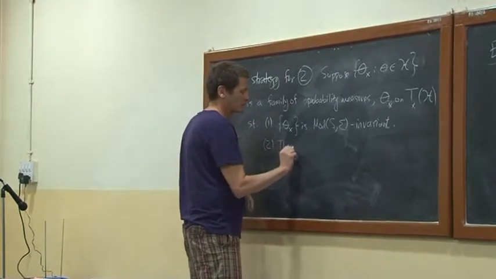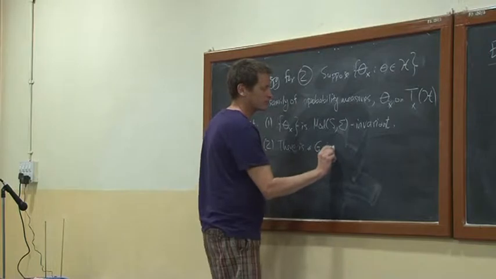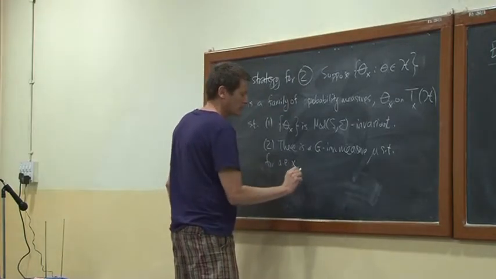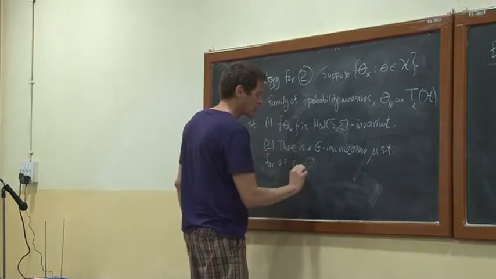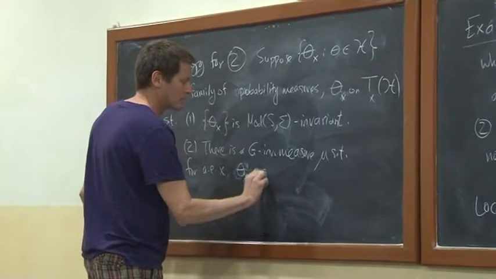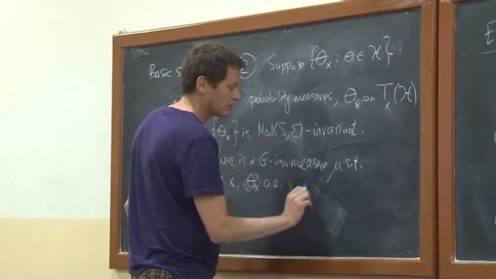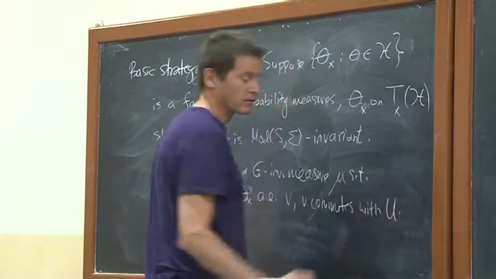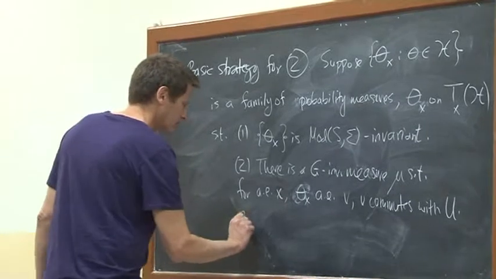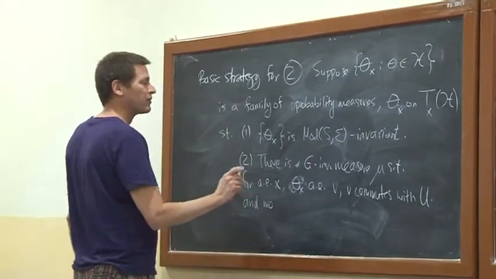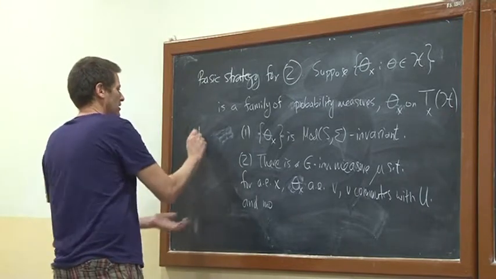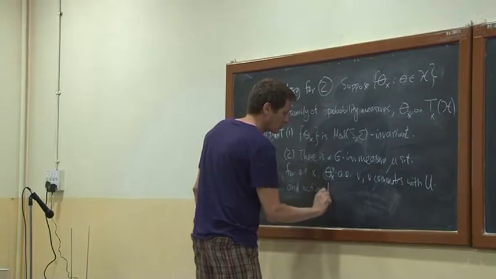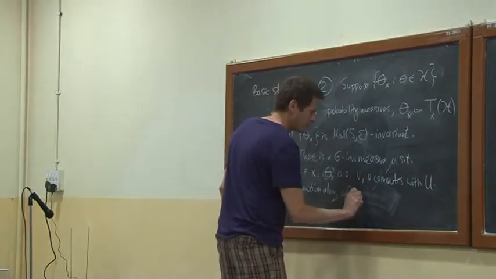So there is a G-invariant measure mu such that for mu almost every x, theta x almost every v commutes with the flow for a fixed T, and motion along this vector field v is well defined.